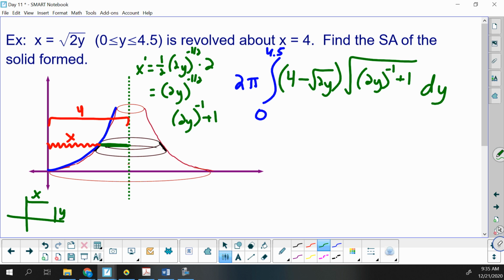And then you just put this in your calculator again, see what you get to 3 decimal places. And you should have gotten for the surface area of that entire figure as it spun around, 77.930.